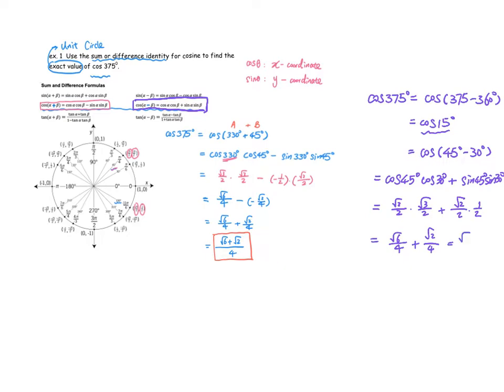So it doesn't matter which way you are doing, you can find any other number as well, as long as it is add or subtract together from the unit circle that gets 375 degree. Your final answer is radical 3 plus radical 2 over 4.